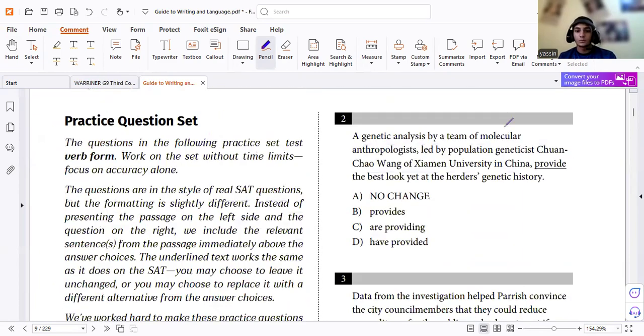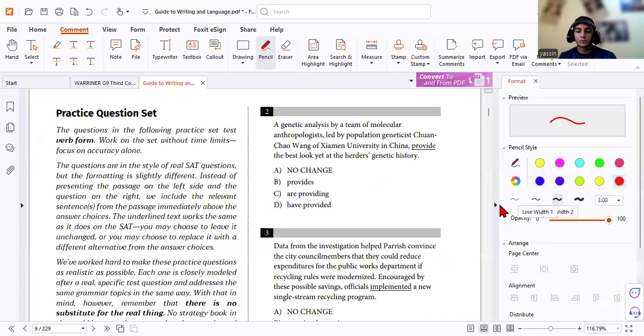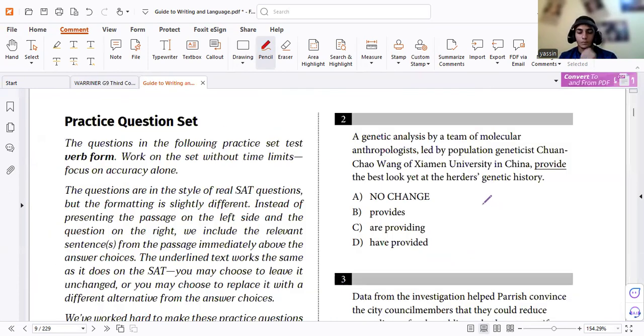Number 2. Let me use the same technique. "A genetic analysis by a team of molecular anthropologists led by population geneticist Chuan Chou, one of them at a university in China, provide..." So who or what provides the best look yet at the other's genetic history?